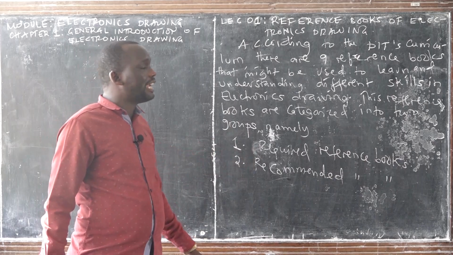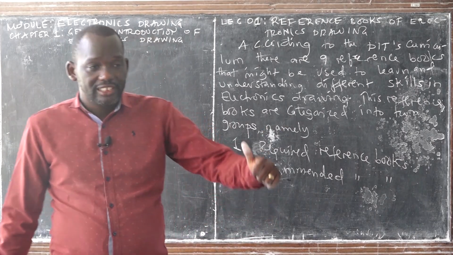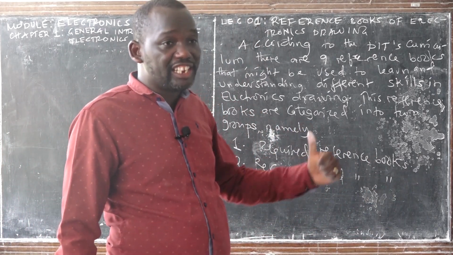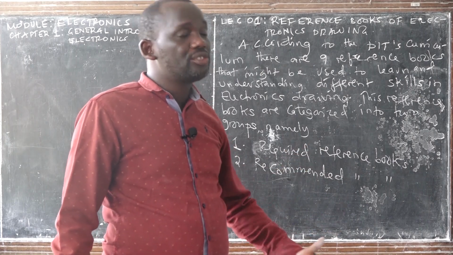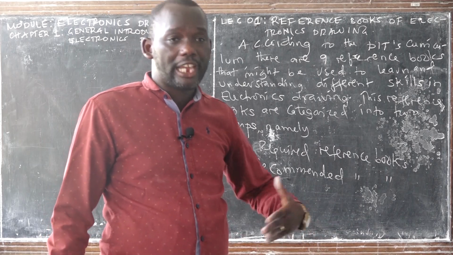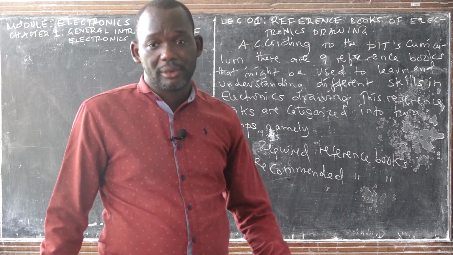But the following are the selected ones, according to the sub-enabling outcomes which we have discussed in lecture 0. So the following books, one of them, or maybe each of the books might help you to meet one sub-enabling outcome, or 2, or all the 6 sub-enabling outcomes.